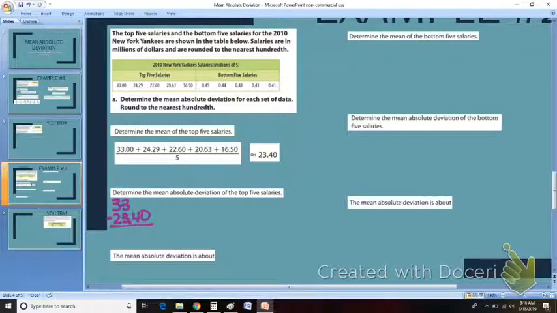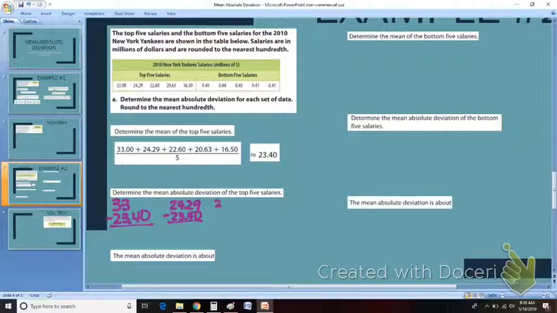Okay, and then the second one is 24.29 minus 23.40. Okay, and again, you'll use a calculator, but it won't let me write and calculate at the same time. So I'm just going to show you how you're going to set up for each one.